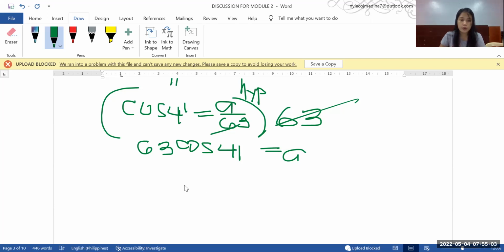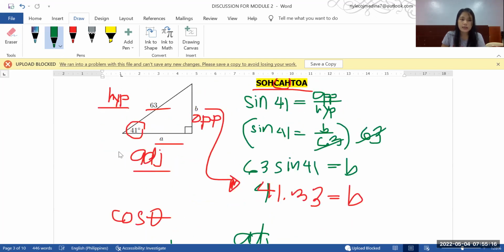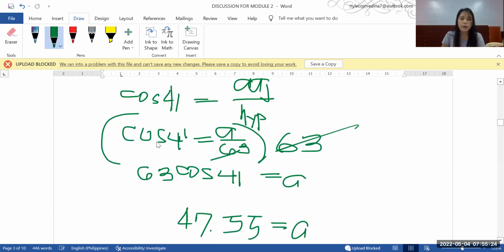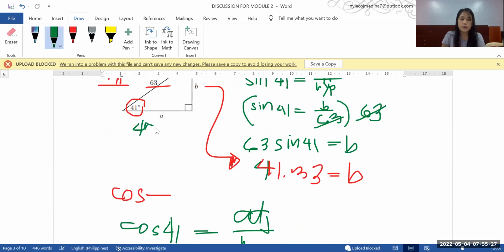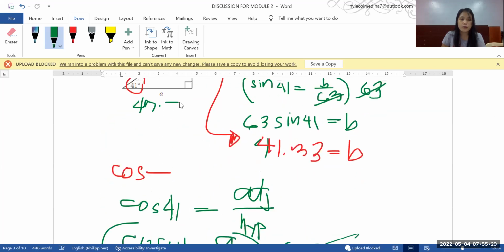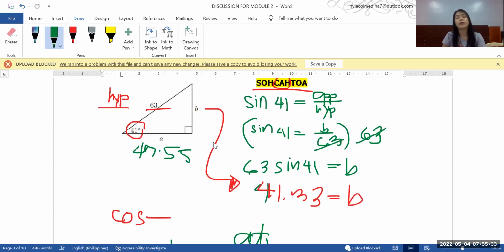And that would give you 47.55 for your A. So ang adjacent or your A is equal to 47.55. And ang B natin is equal to 41.33.